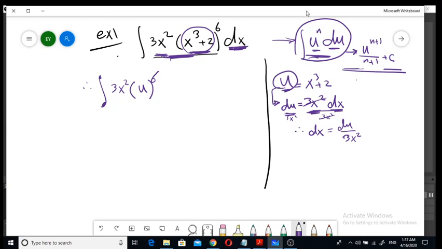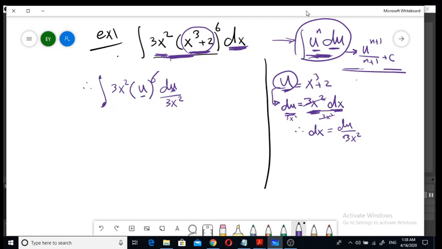And we are going to replace dx by du over 3x squared, because we are going to apply this rule. So we need this problem to be in terms of u only.